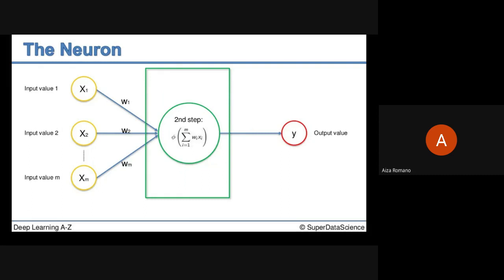And then from that, the neuron understands if it needs to pass on a signal.